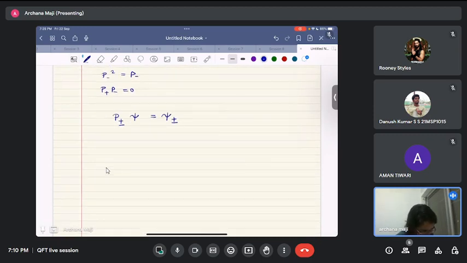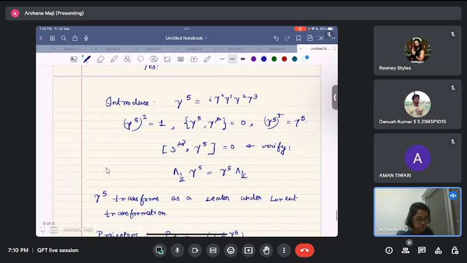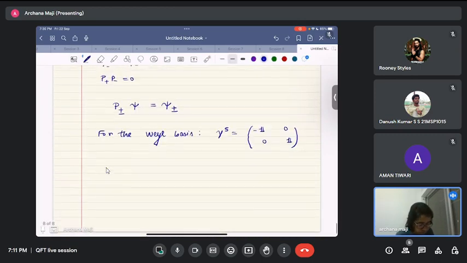For the Weyl basis, you can check that gamma 5 is minus 1, 0, 0, 1. So you know all the gamma matrices. You can just substitute those here and check that gamma 5 turns out to be minus 2 by 2 identity, 0, 0, 2 by 2 identity.